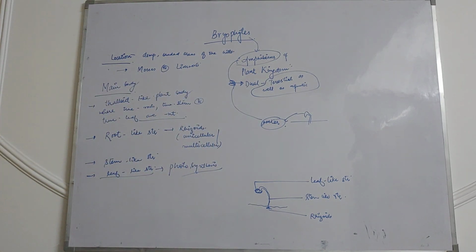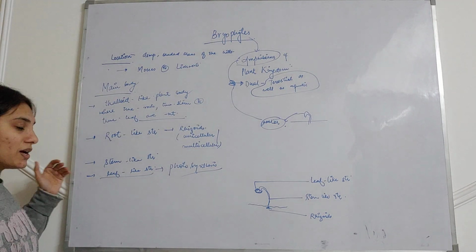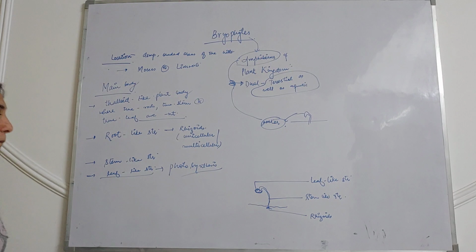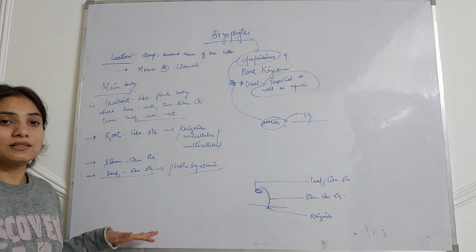So the main plant body of bryophyte consists of rhizoid, stem-like structure and leaf-like structure. I hope it is clear to you.